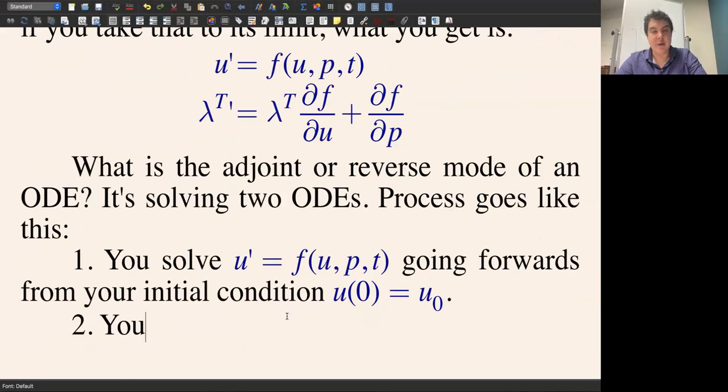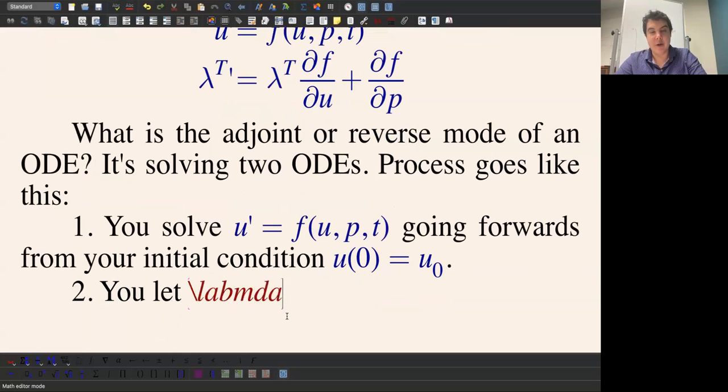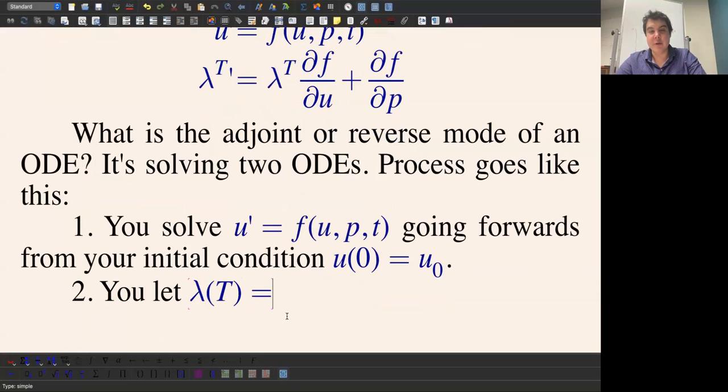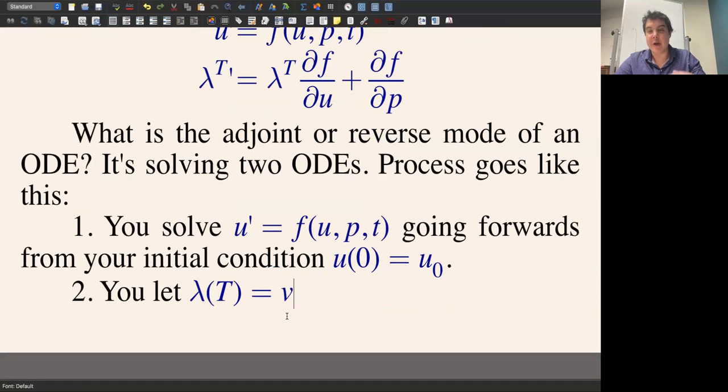And then you let lambda of capital T, your final condition, equal v, the vector that you want to pull back.